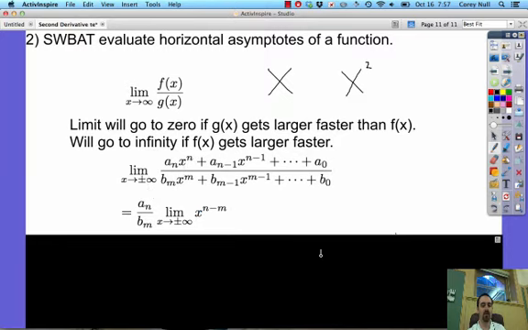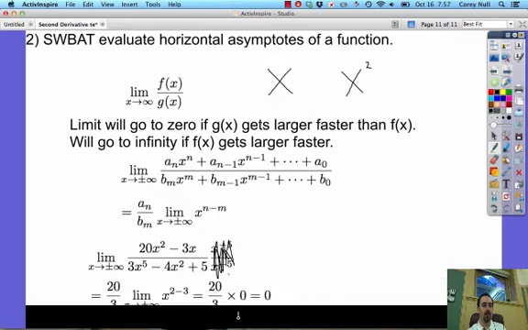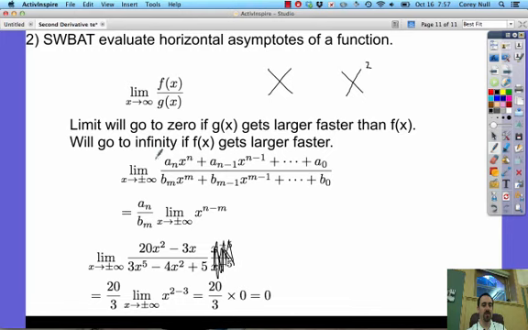Let's see how it works in relation to the previous. Here was our previous problem. Oh, and we should not have, we're not using this method now. Okay, that's not there. Using this theorem here, we say that it goes to the quotient of a_n over b_m, that's 20 over 3, times the limit as x goes to infinity of x to the n minus m, which in this case is 2 minus 5.